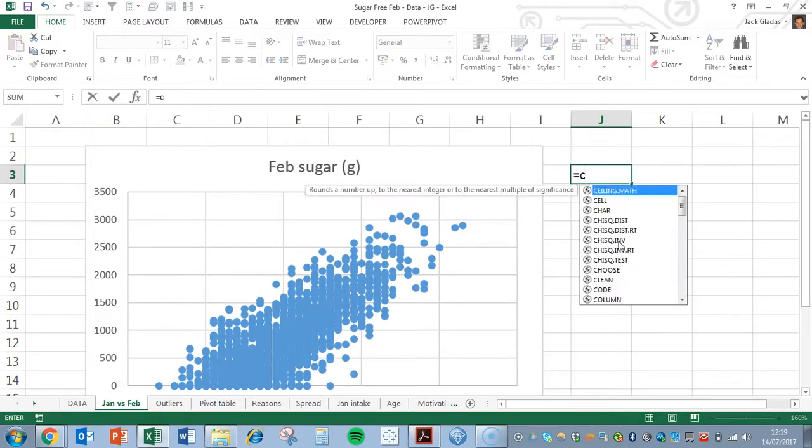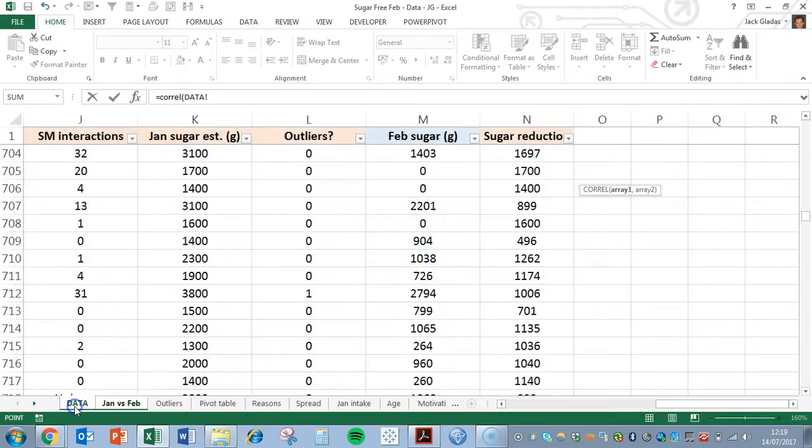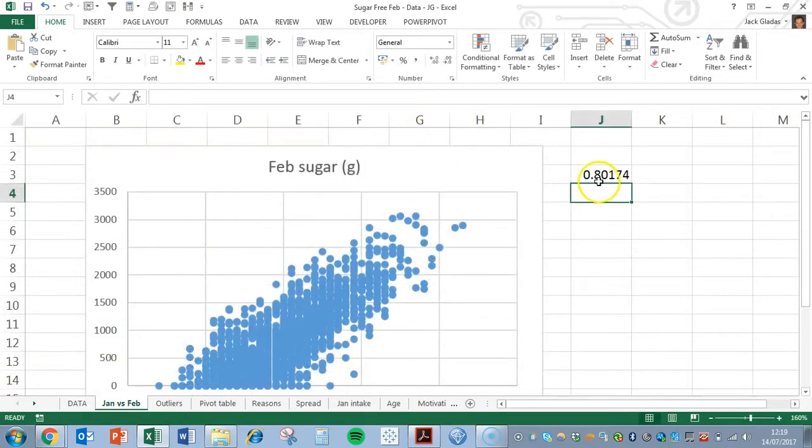Now, we're going to calculate the correlation coefficient. We're going to do equals CORREL, open brackets, and then we choose the two. That one, comma, that one. Choose the two variables that we want to compare the relationship of, hit enter, and immediately we get told that the correlation coefficient between Jan intake and Feb intake is 0.80 to 2 decimal places.